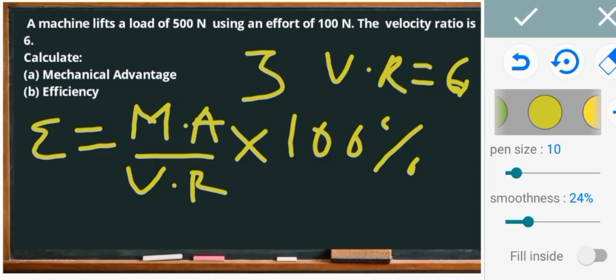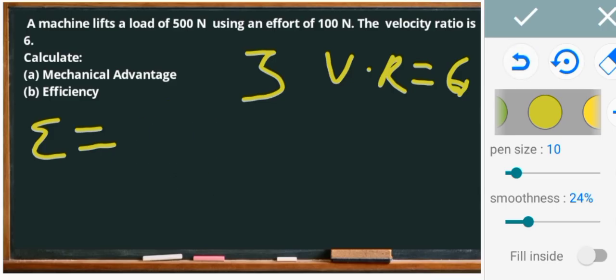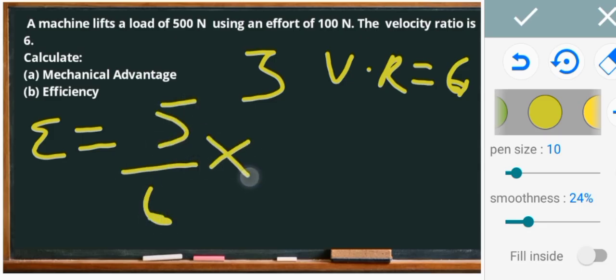Now do not forget, our mechanical advantage is 5 already. So that is 5 over 6 times 100%. So 5 times 100 will give us 500, so that will be 500 divided by 6.